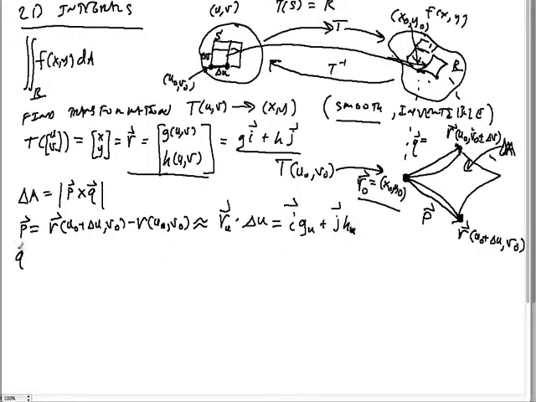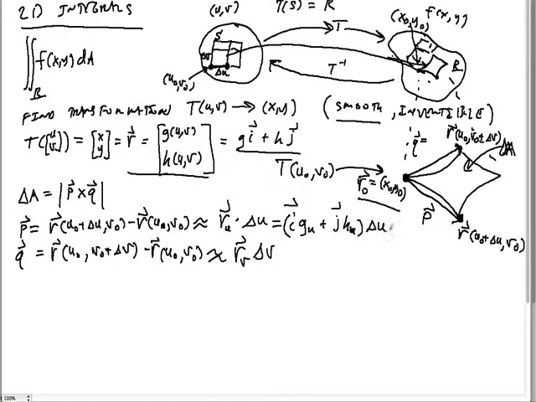Likewise, q is going to be equal to r(u0, v0 plus delta v) minus r(u0, v0), which is approximately equal to, this is a linear approximation, r_v, the partial with respect to v, times delta v. Oh, sorry, p needs to be multiplied by delta u.